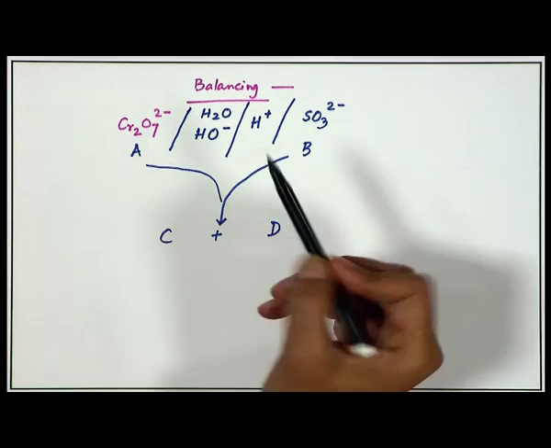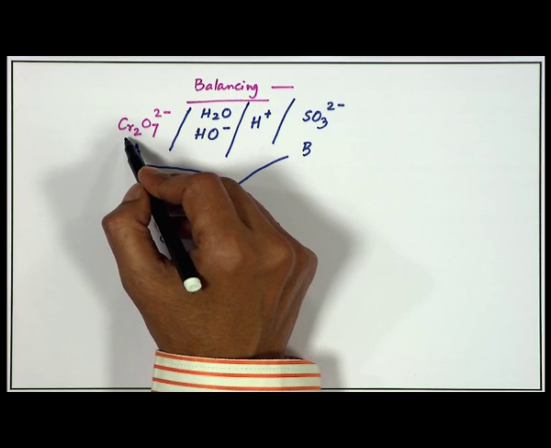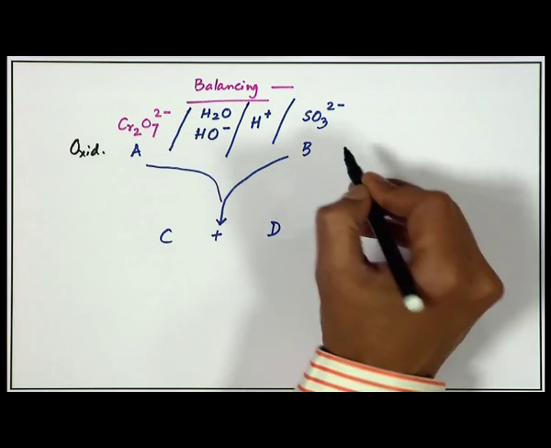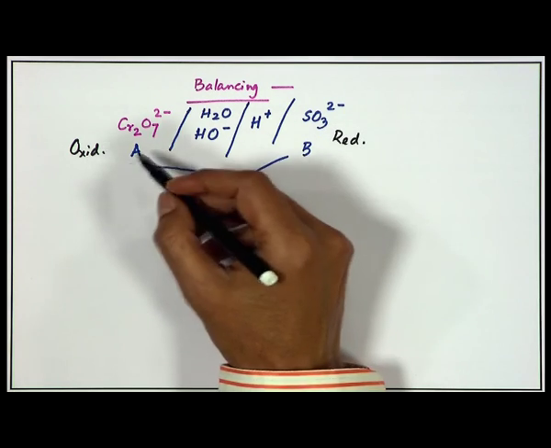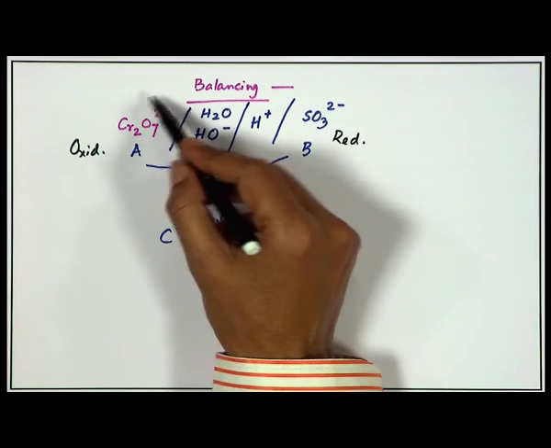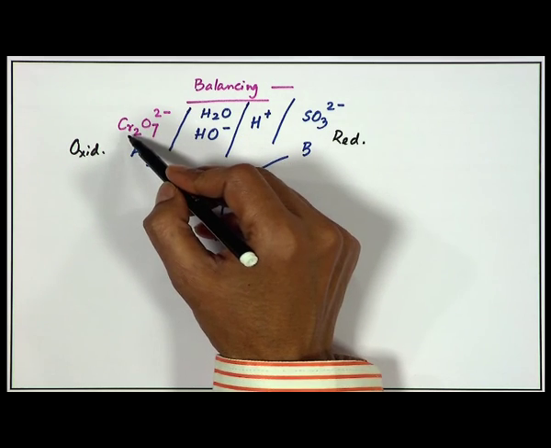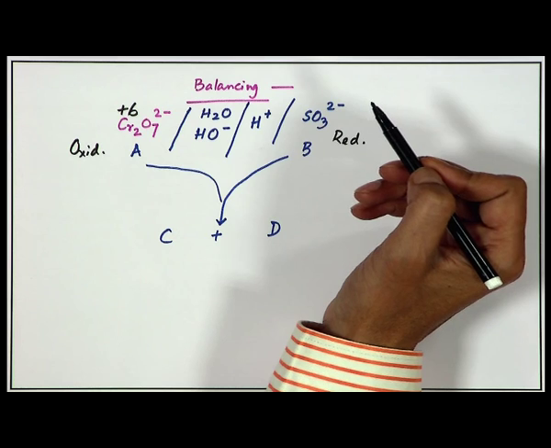Since this is the oxidant and this is the reductant, this oxidant will be reduced. So what is the reduced form of this? Chromium is present in +6, which is hexavalent chromium in dichromate.